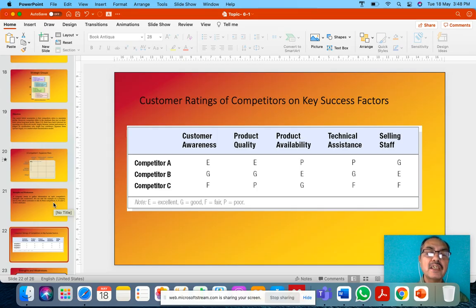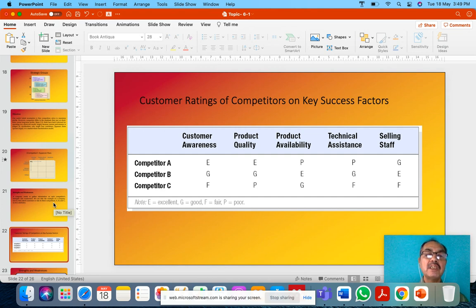We can see competitor A here. You can see the grading: E stands for excellent, G for good, F for fair, and P for poor. So competitor A is excellent in customer awareness. They are also excellent in product quality, but on product availability they are very poor. Technical assistance also is poor, and selling staff is good.